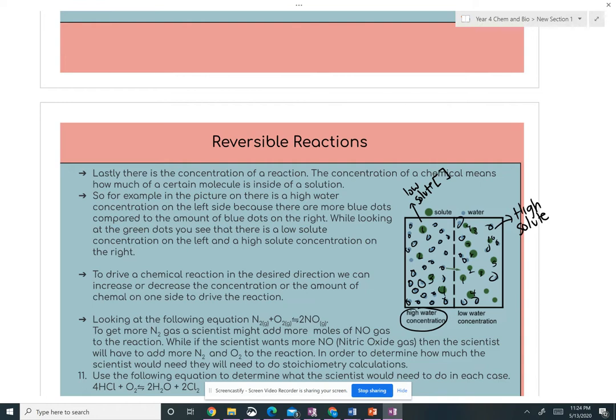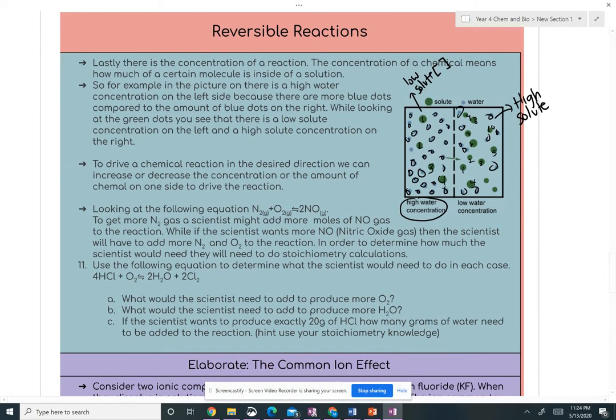So how this relates to some of these chemical equations is that we can change the concentration, or the amount of a certain molecule that I have. And if I have more on one side, the equation's going to go and go until I run out, until I hit my limiting reagent.